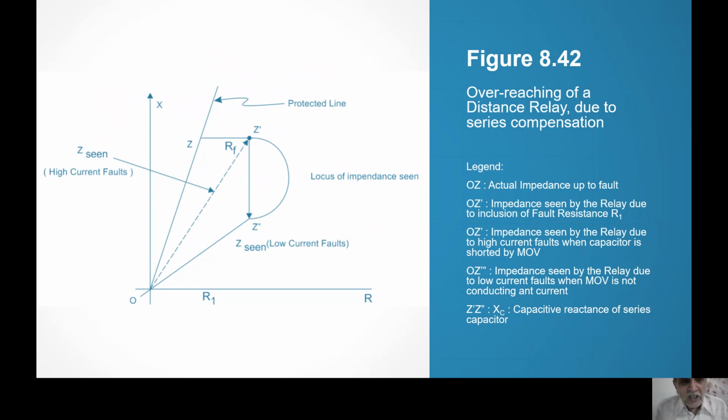You cannot predict. You cannot calculate. It is not a subject of calculation. How much fault resistivity will be there in a particular case, you do not know. If you know, then you can apply a correction factor and find out the true impedance, but that is not possible.